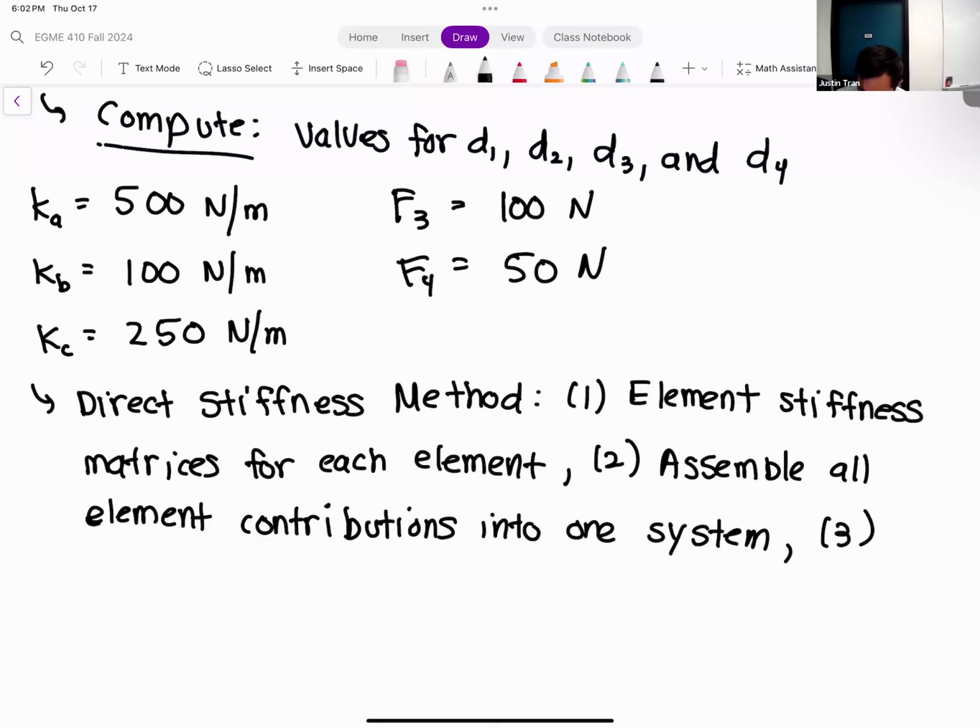That's step two. Once we have our system assembled, step three is to apply the boundary conditions to said system.